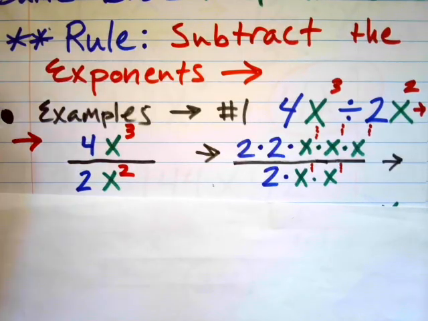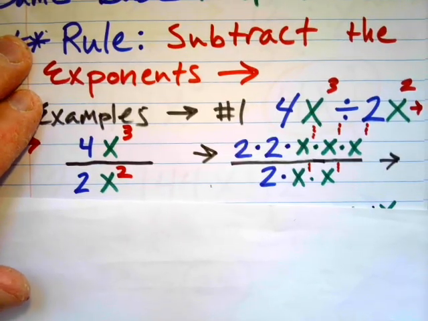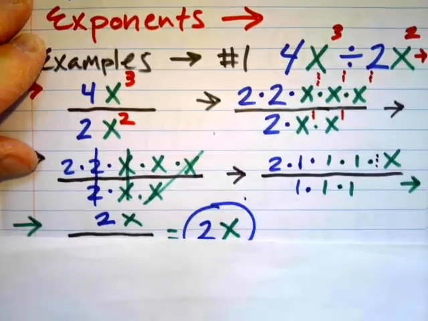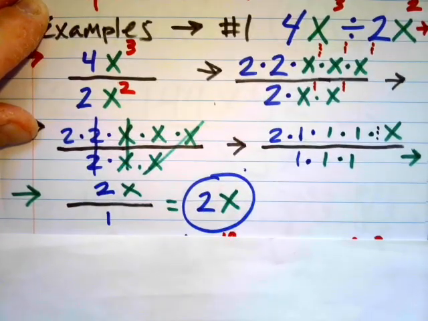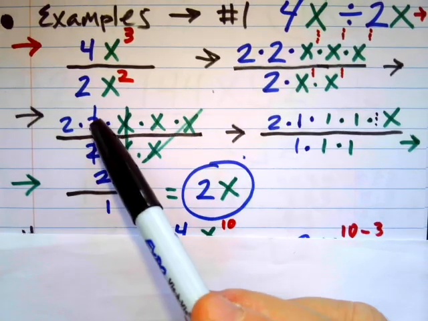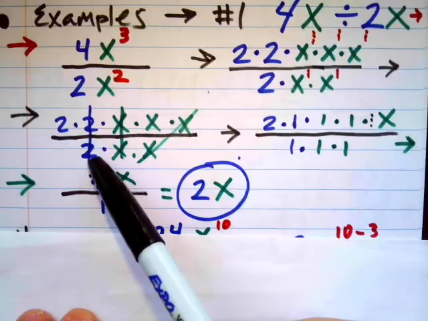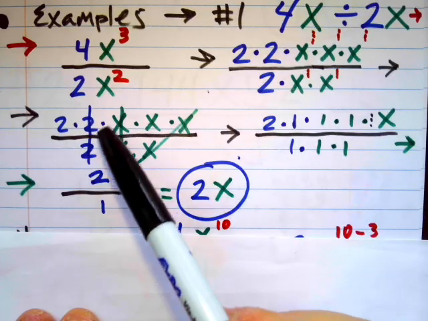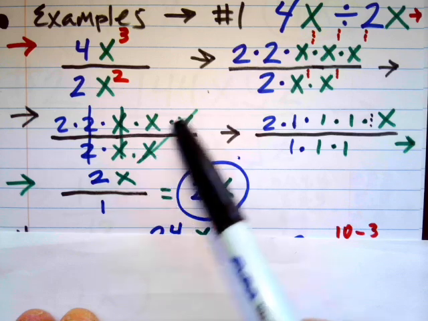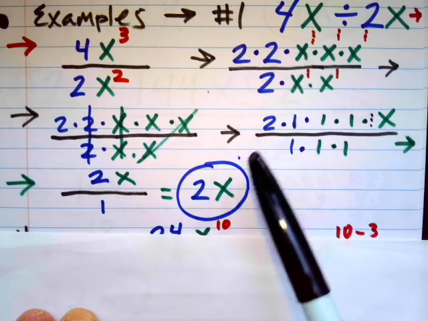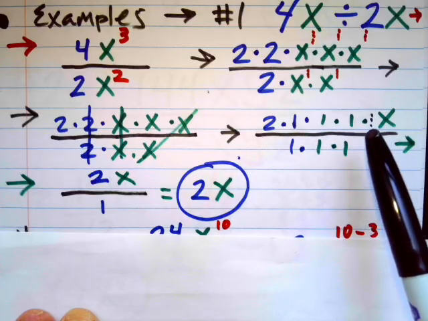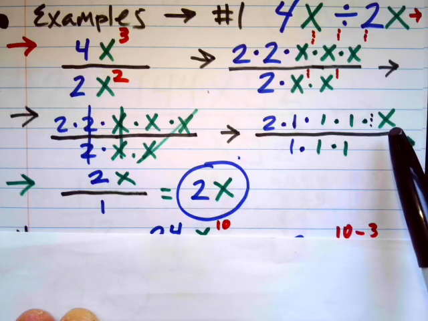From here, what we can do is start to simplify the terms. So remember, any term over itself is 1, right? 2 over 2 is 1. X over x is 1. X over x is 1. So we can cross those out. We're left with 2 times 1 times 1 times 1 times that invisible 1, x.